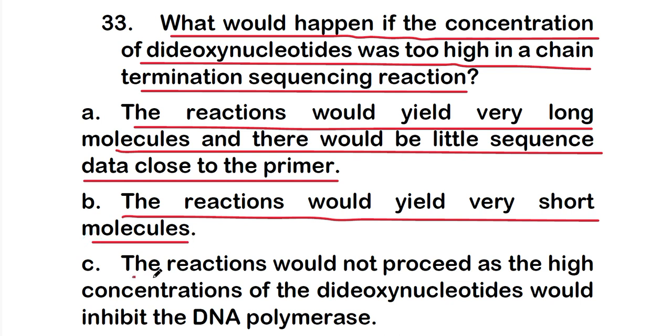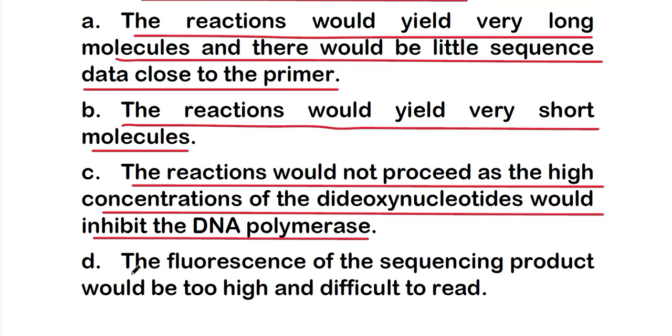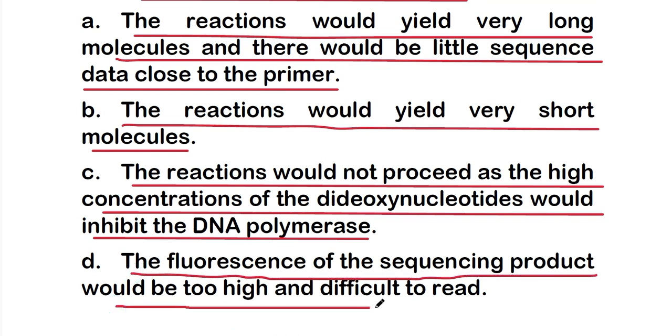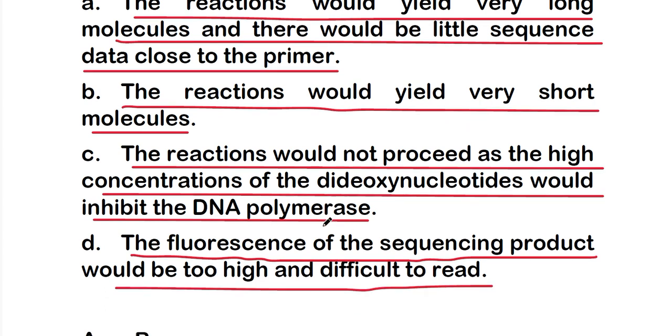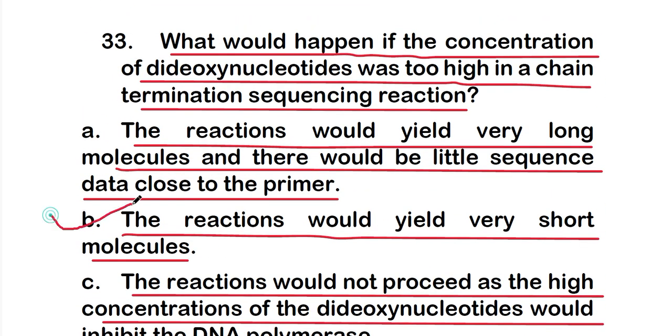Option C, the reactions would not proceed as the high concentrations of dideoxynucleotides would inhibit the DNA polymerase. Option D, the fluorescence of the sequencing product would be too high and difficult to read.